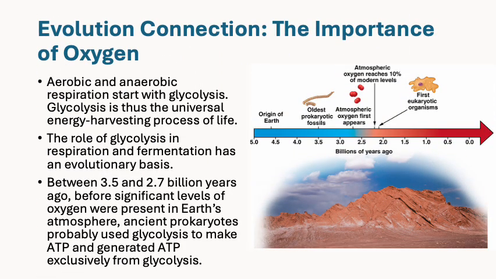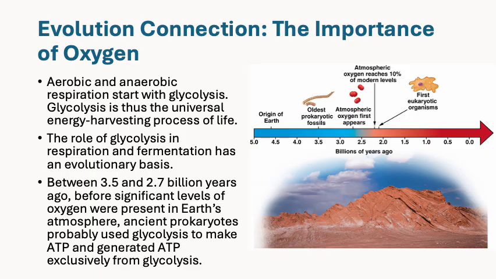Both aerobic and anaerobic respiration begin with glycolysis. That makes glycolysis the universal energy harvesting pathway of life. No matter the organism, no matter the oxygen condition, glycolysis is always the starting point. There is an evolutionary reason for this. Between 3.5 and 2.5 billion years ago, Earth's atmosphere contained little to no oxygen.